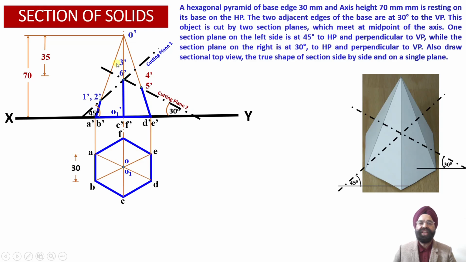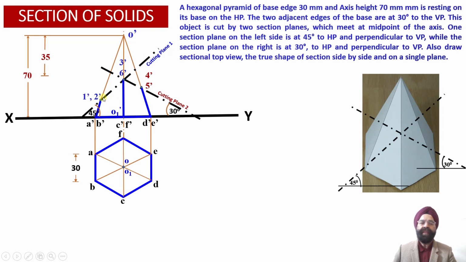So all these 6 points have been appropriately located into the front view projections. Now the blue projections correspond to the cutting plane number 1, while the red projections correspond to the cutting plane number 2. So 3' and 6' will be the common points of intersection with respect to cutting plane 1 as well as the cutting plane 2.